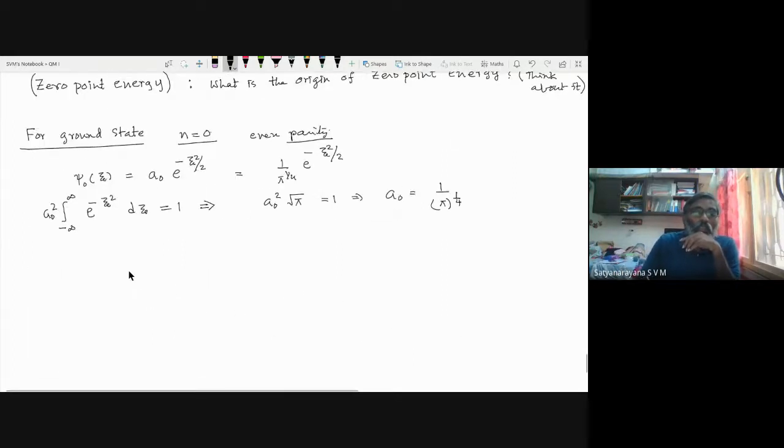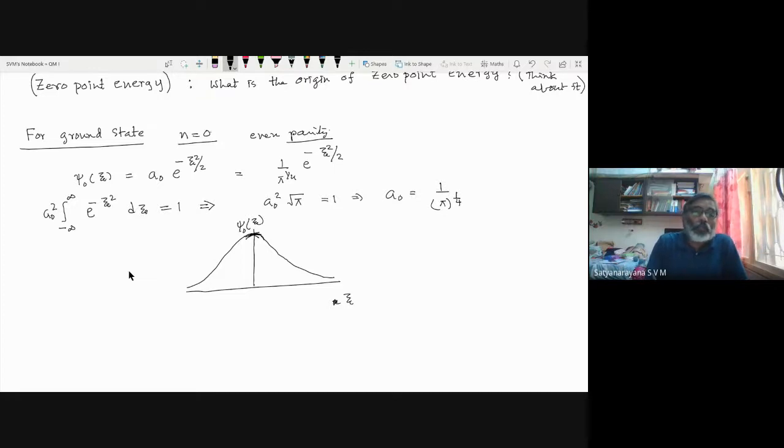And you can plot this function. This is the Gaussian. If you plot xi versus psi 0 of xi, it's a Gaussian centered at zero, so this is a typical wave function.